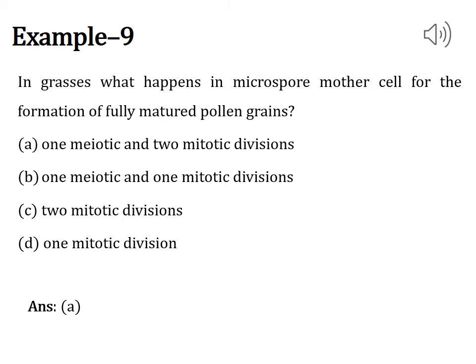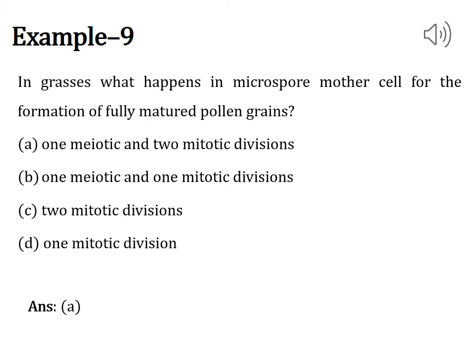In that slide, you can easily observe that before the formation of young microspores, 1 meiotic division takes place, and because of the meiotic division it forms young microspores. After that, these young microspores undergo mitotic divisions 1 and 2, which lead to the formation of sperm cells and so on, leading to pollination. These are the steps involved in grass development.